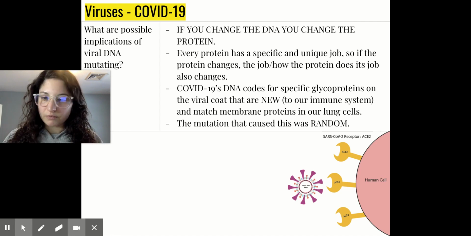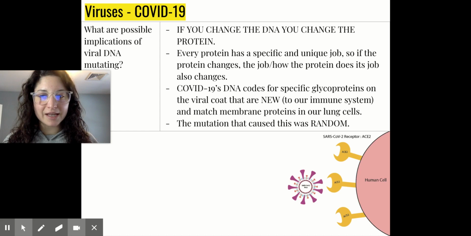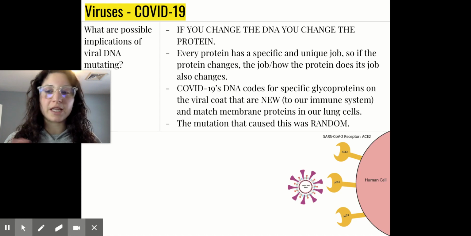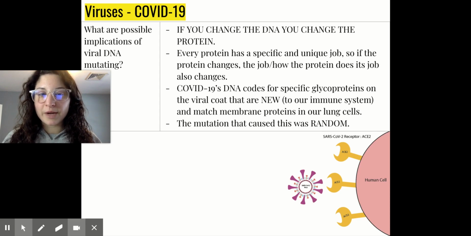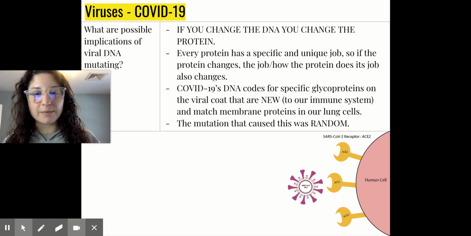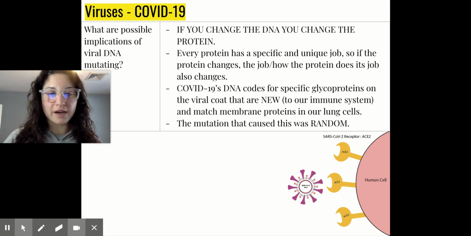Because we have this new glycoprotein, our immune system hasn't yet figured out how to fight it off effectively. Keep in mind that this mutation was completely random. It happened to infect a person and easily spread to other people. While this was random, it is dangerous because our immune system doesn't yet know how to fight it off.